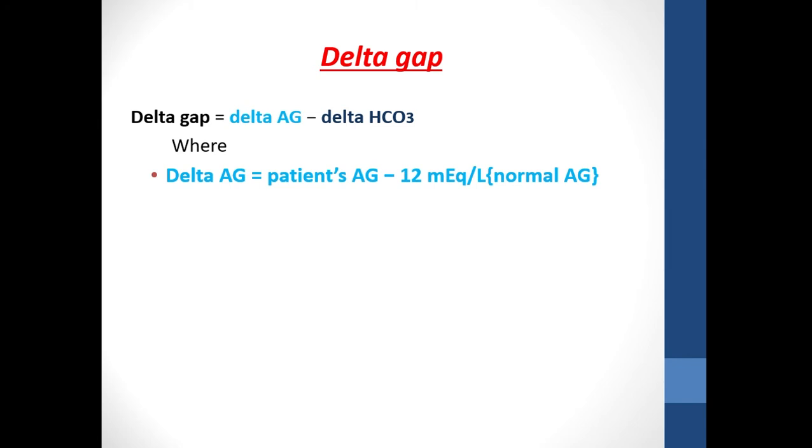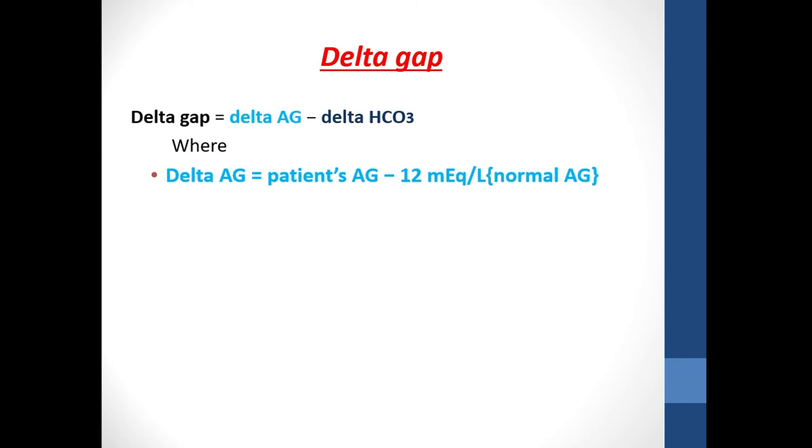The delta gap wants to say that the change in the anion gap equals the change in the HCO3. If this is the case, we have only one type of disturbance, which is the high anion gap metabolic acidosis.